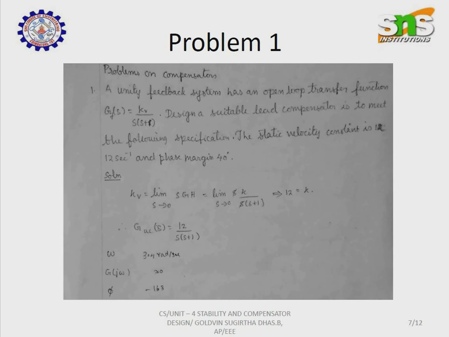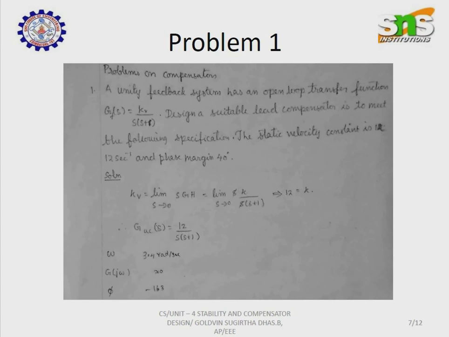So we can find the value of k by using the formula. Kv is equal to limit s tending to 0 of s into G H, so equal to limit s tends to 0, s into k by s into s plus 1. So s gets cancelled and we find the k value as 12.